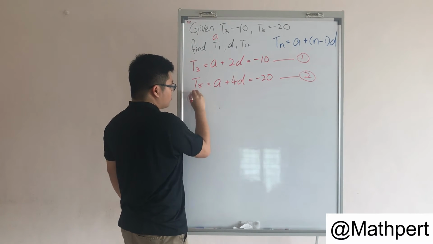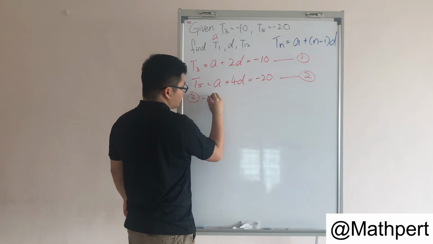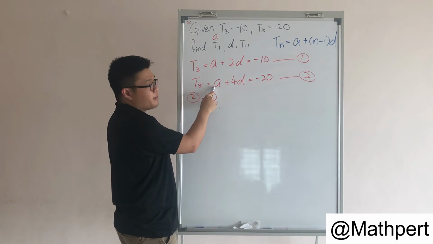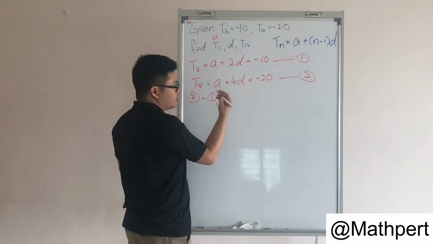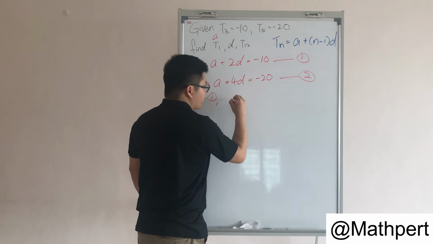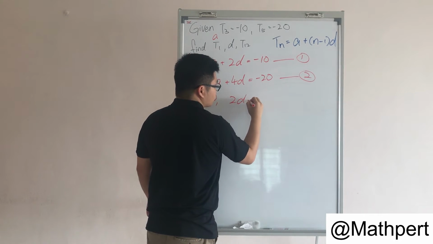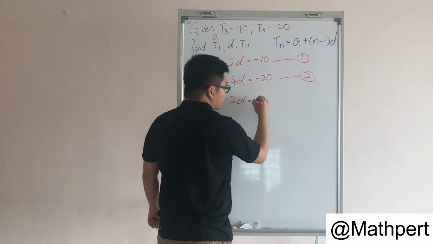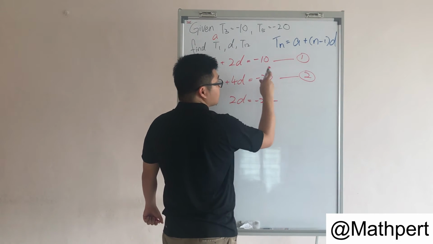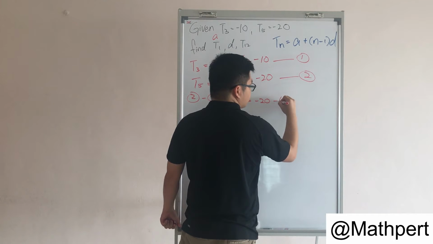So equation number 2 minus equation number 1. a minus a, we have 0. 4d minus 2d, we have 2d. Negative 20 minus negative 10.